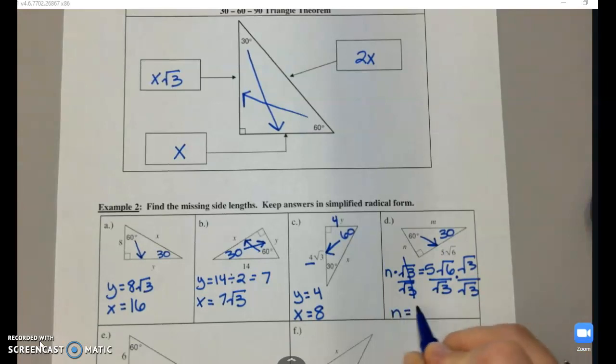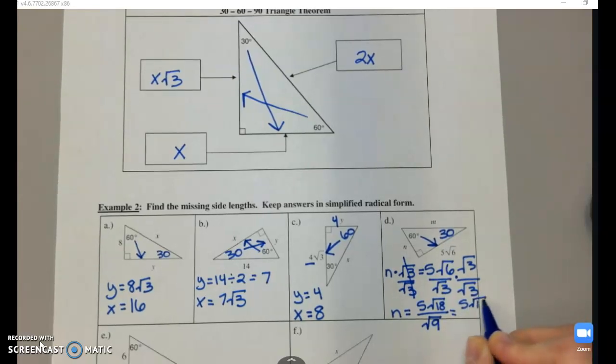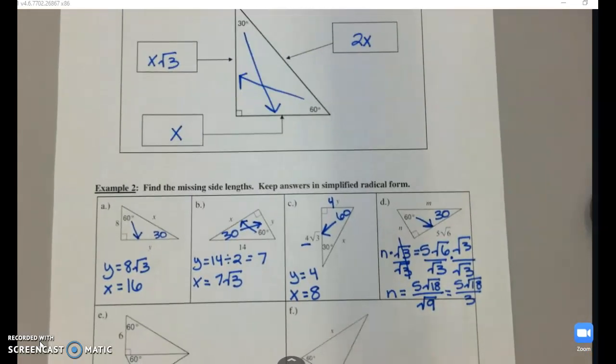So we're going to get that n is equal to 5 times the square root of 18 over the square root of 9. So we get 5 square root of 18 over 3. And the square root of 18 can be reduced and simplified. 9 is a perfect square, and that's a factor of 18.